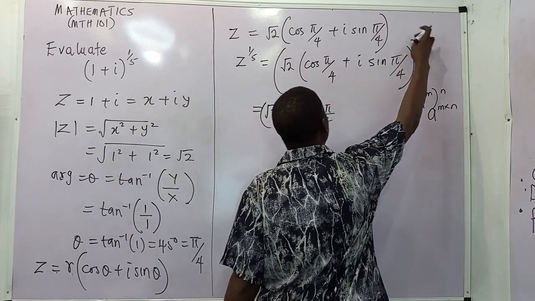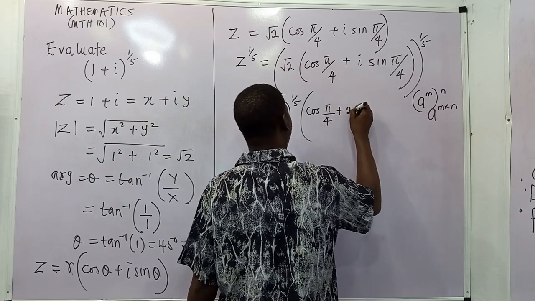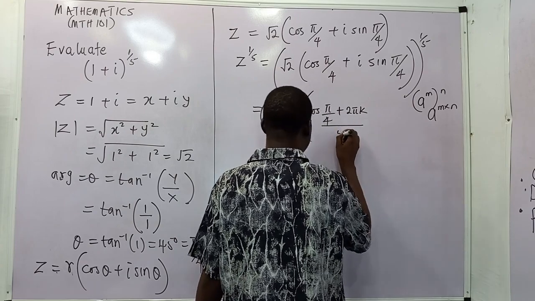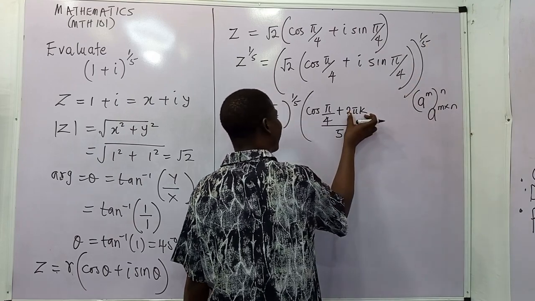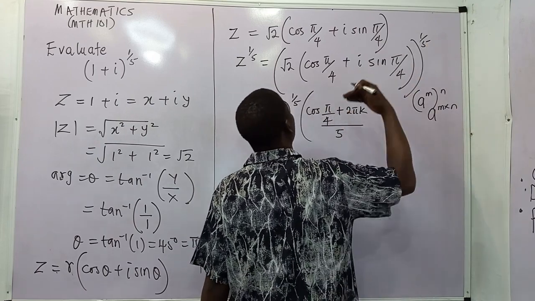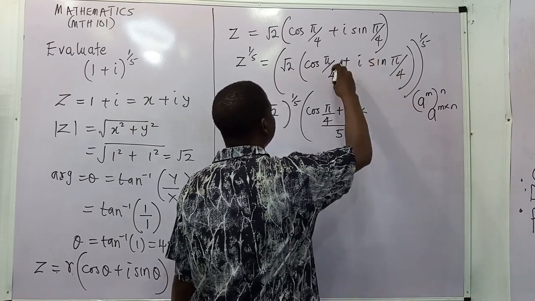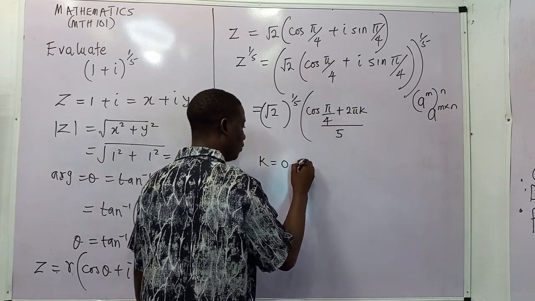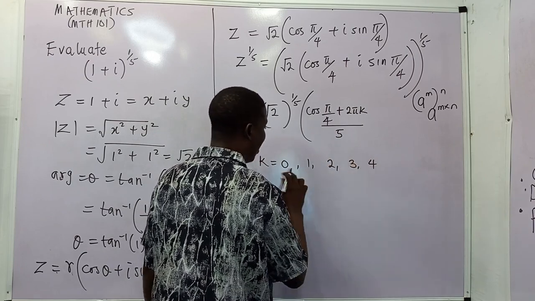For us to bring this one in, we first add 2 pi k, then divide all through by 5. Why are we adding 2 pi k? To get all possible values of the fifth root of this particular value. It will start from k equal to 0, 1, 2, 3, 4.